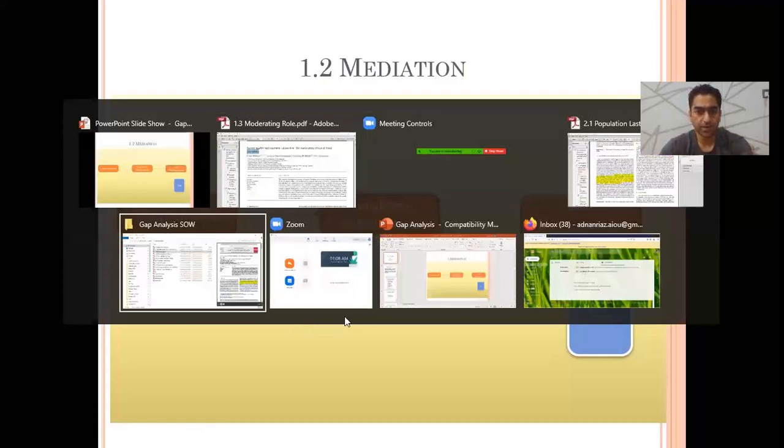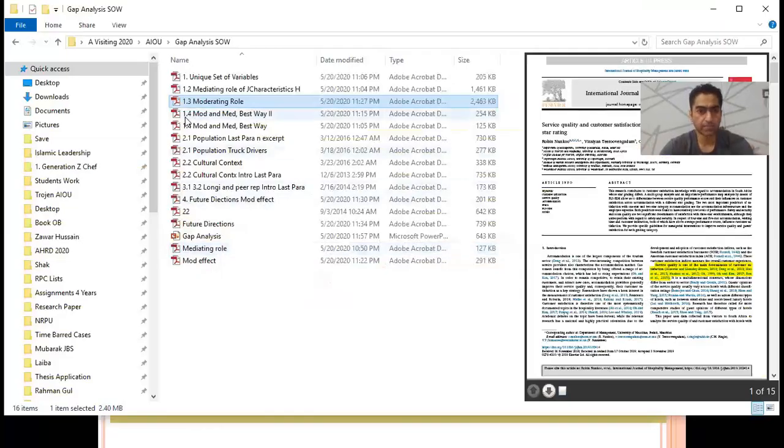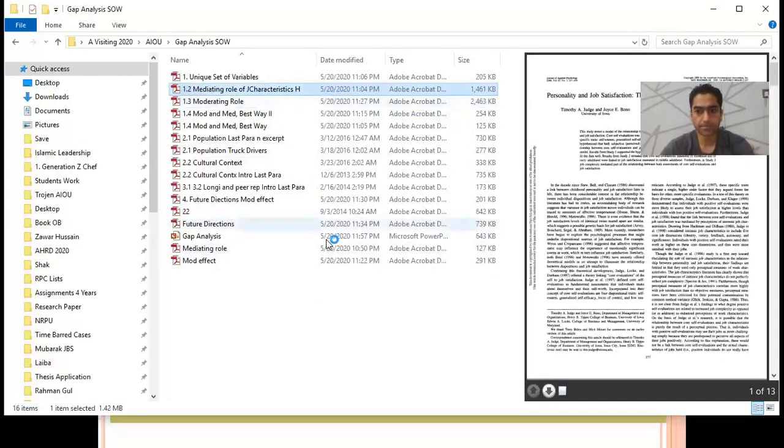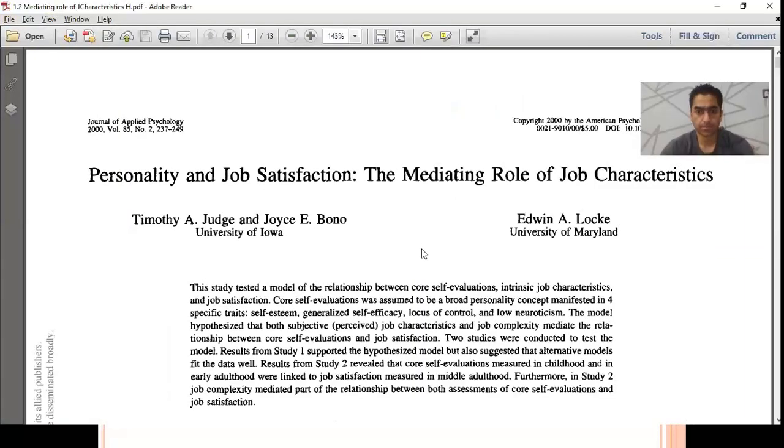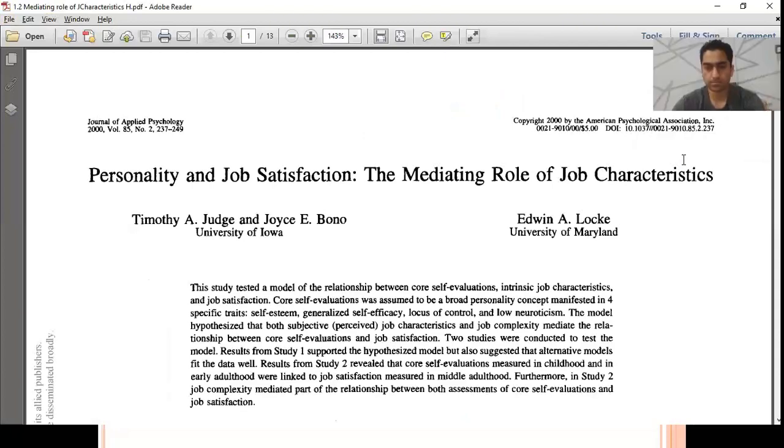But for your understanding, again, I got a paper. Now, the paper was published in the Journal of Applied Psychology in 2000. Personality and job satisfaction, the mediating role of job characteristics. So, students, personality and job satisfaction, quite easy, quite simple relationship.